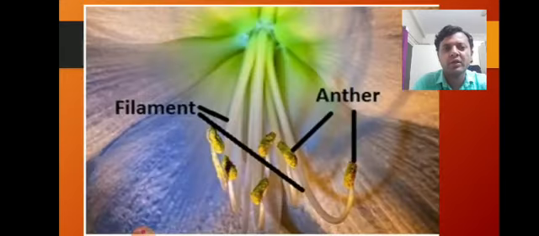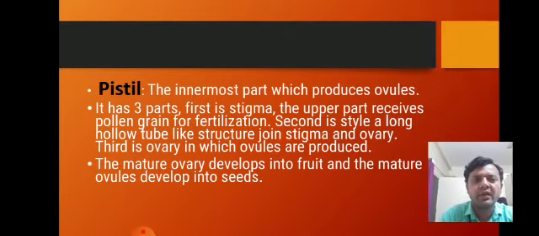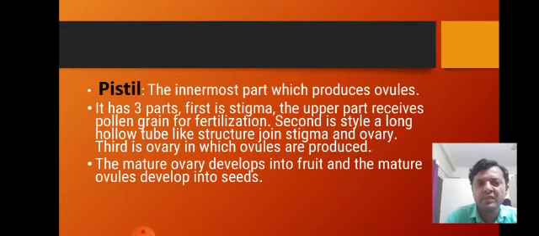Okay, let's move on to the next part, that is pistil, the last part of the flower and a very important part of the flower. The innermost part which produces ovules, it has three parts. First is stigma.